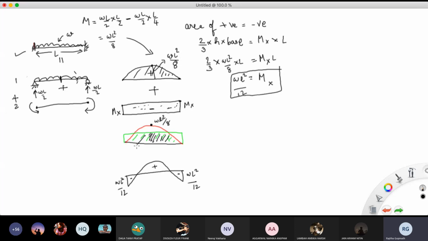Yeah, this much portion is gone. So ये वाला portion कितना होगा? This will be WL square by 8 minus WL square by 12. So this will give me WL square by 24. Okay, so this is the maximum sagging moment that there is. Sagging moment.